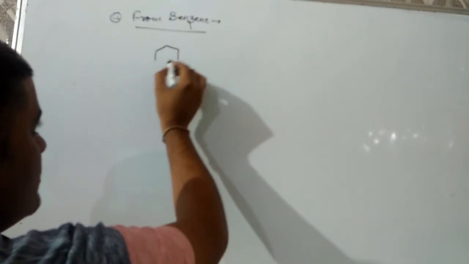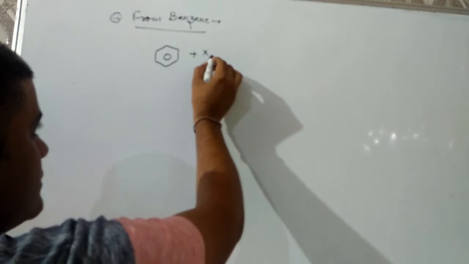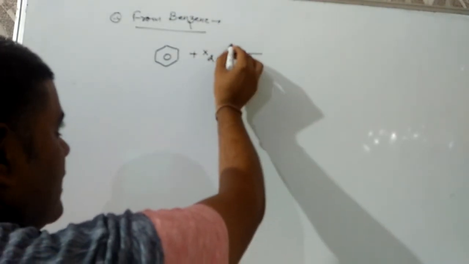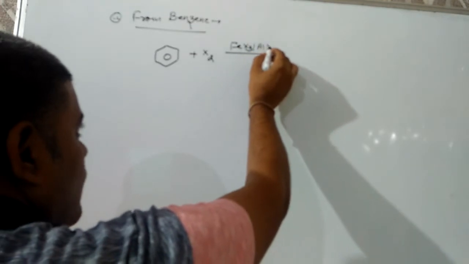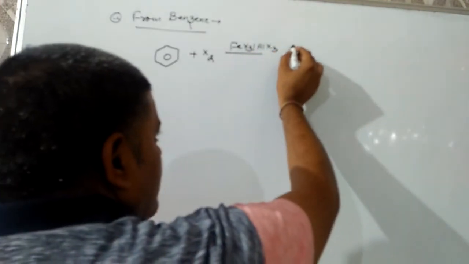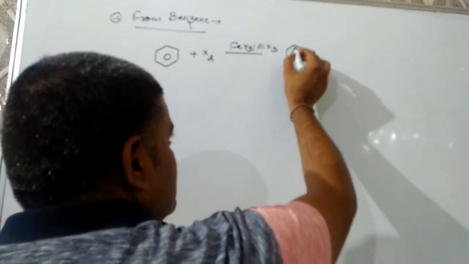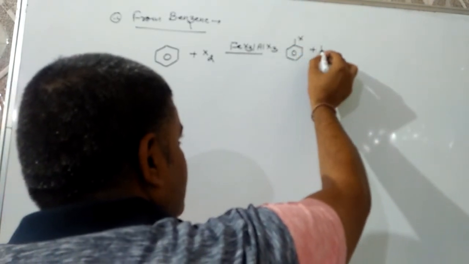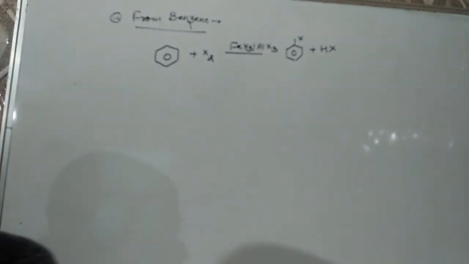Benzene and its derivatives can react with halogens in presence of a halogen carrier like FeX3 or AlX3 to give haloarene as a product. And this reaction is an example of electrophilic substitution reaction and gets completed in 3 steps.